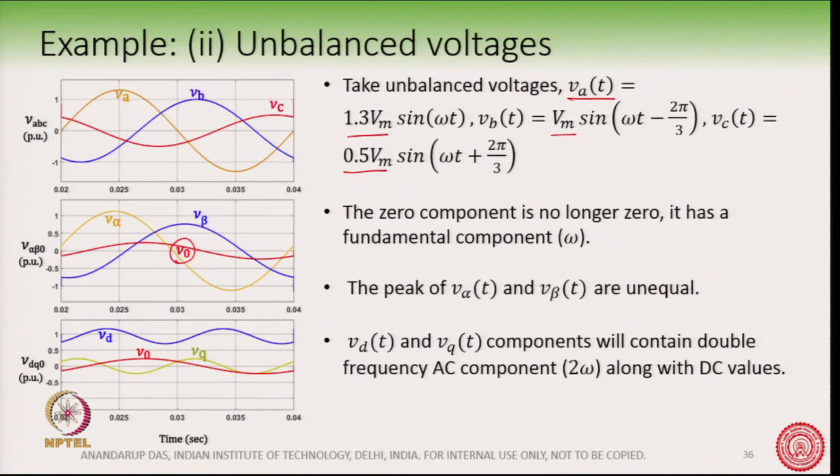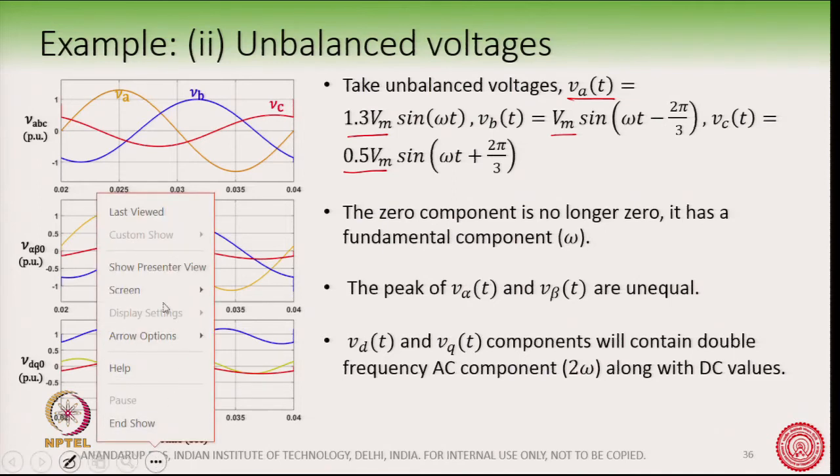Now, how do you visualize this? As I have told you before, if it is an unbalanced system, then we can visualize this as alpha, beta and 0, as if we are inside a box, and there is a space vector which is rotating 3 dimensionally inside the box.